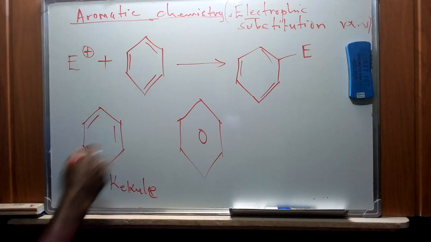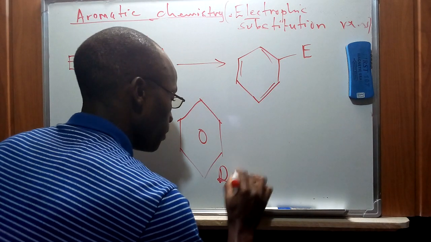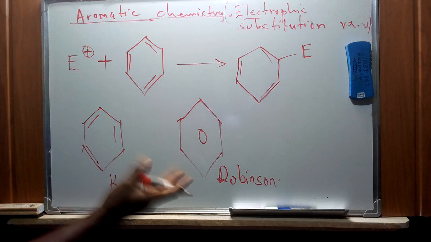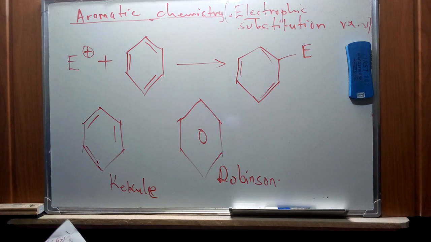We are going to discuss this one later, but this is a representation of the Kekule structure, and this is the Robinson structure for the benzene molecule. If we use these alternately, they refer to the same kind of molecule.